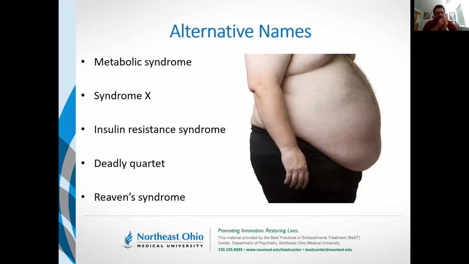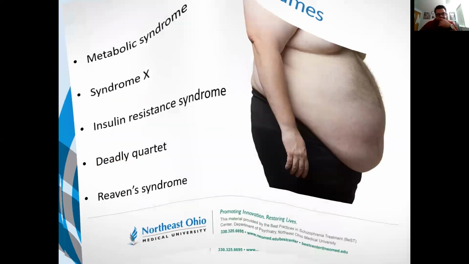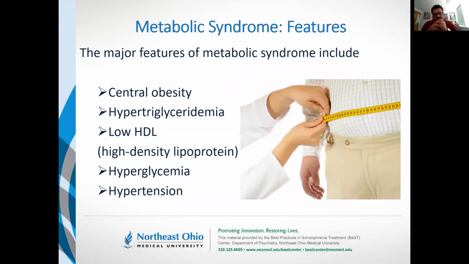So, alternative names for metabolic syndrome. We have syndrome X, insulin resistance syndrome, the deadly quartet, or Reaven syndrome. So some features. Obviously, the big one is central obesity. And this, you can easily see how to measure the circumference of the waist.